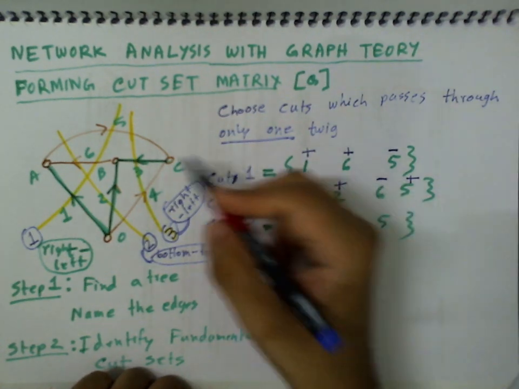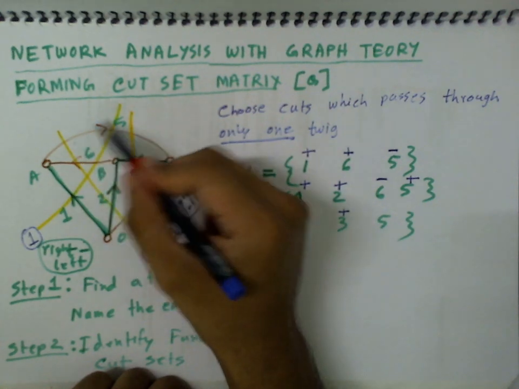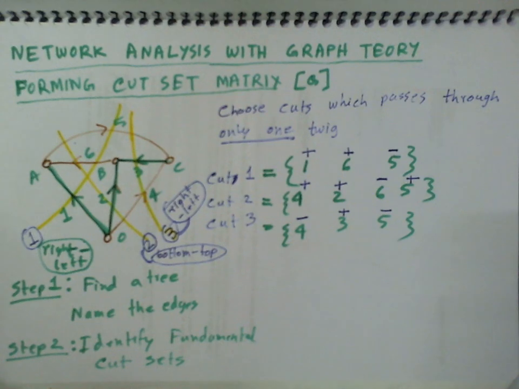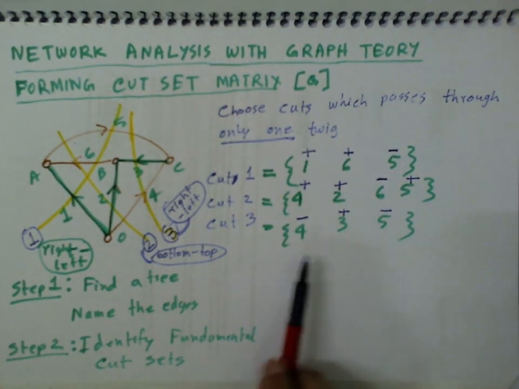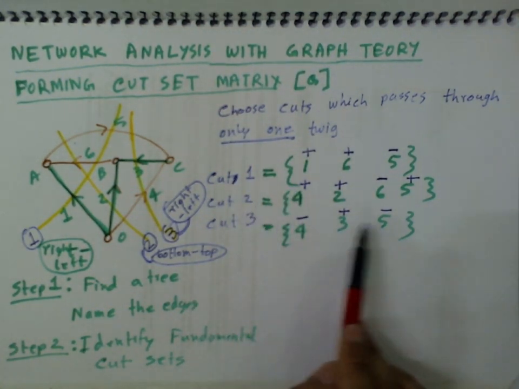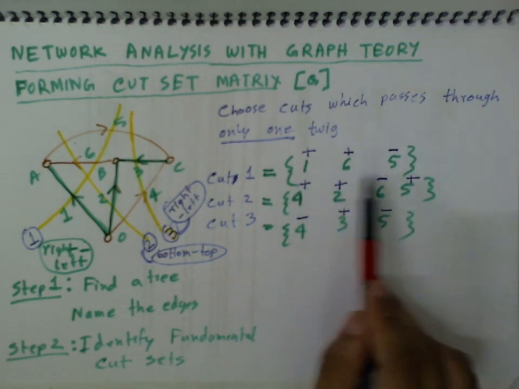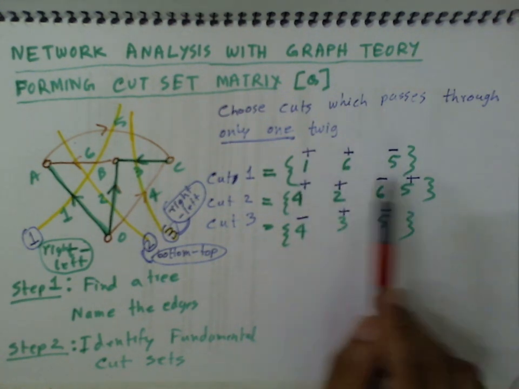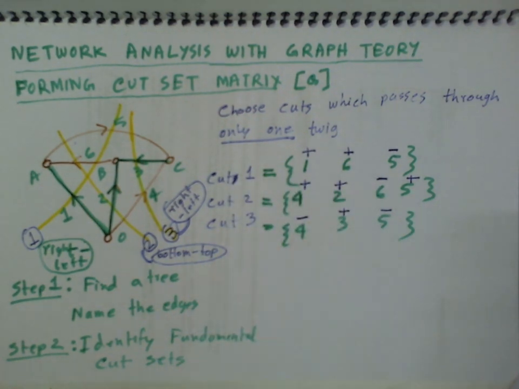Edge number 5 is in the opposite direction, outside to inside, so this is minus. So we have found the fundamental carts and the edges that they are made up of, and a plus or minus symbol for these edges, depending on the direction of these edges and the direction of the cart.